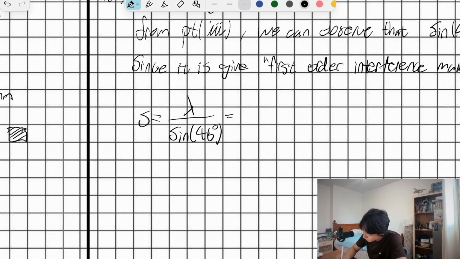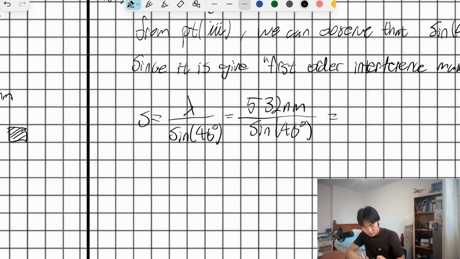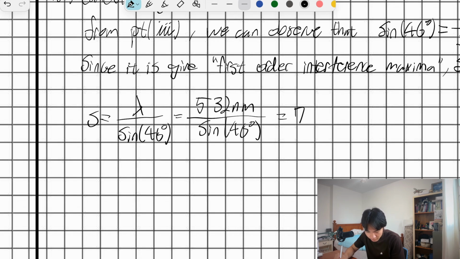It's going to be 532 nanometers over sine of 46 degrees, which equals, if we punch this into the calculator, 532 divided by sine of 46, I get 730, okay, around 740 nanometers.